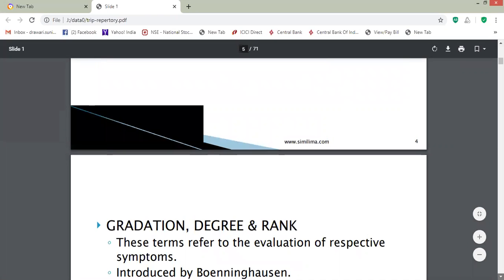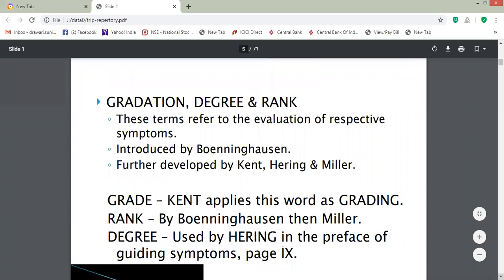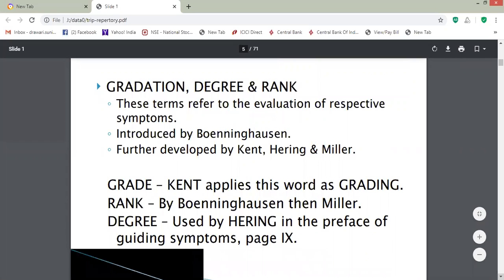Gradation, degree and rank are nothing but the same, but these words are used by different homeopaths while repertorizing the case or while giving values to the symptoms as well as remedies.